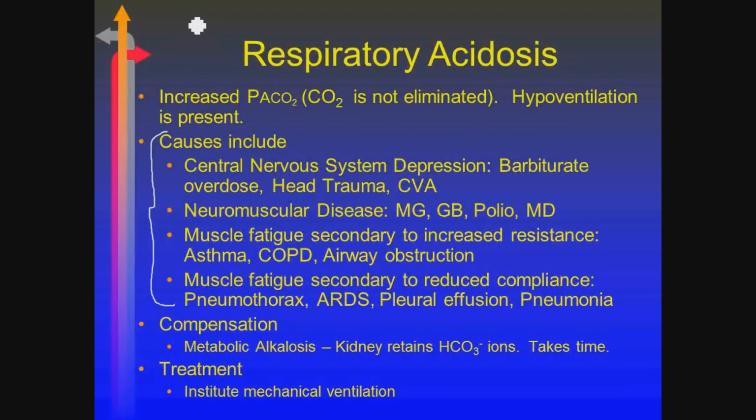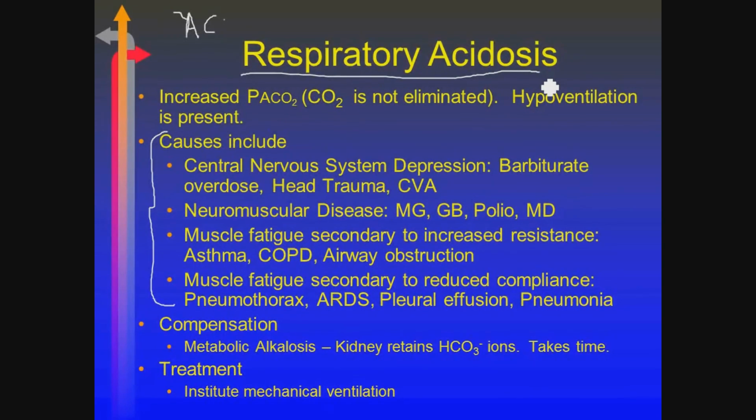If the body sees an acidosis and it's caused by the respiratory system, it's going to try and balance that, correct that, compensate for that by creating the opposite situation. If I have a respiratory acidosis, the body attempts to create a metabolic alkalosis.